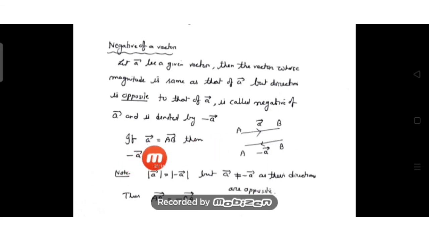Suppose A bar is equal to AB bar, then what is BA bar? BA bar is minus A bar, since it starts from B. So minus A bar is equal to BA bar. Note that modulus of A bar is equal to modulus of minus A bar; the magnitudes are equal, but A bar and minus A bar are not equal because they have opposite directions. So AB bar is equal to minus BA bar.